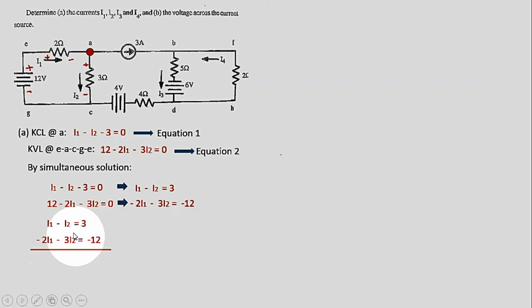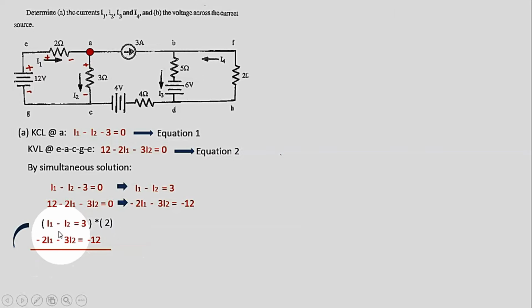To be able to have the simultaneous solution, we must have a constant value that is common to the variable in consideration. For instance, for I sub 1, I want it to have a common constant, so I will be multiplying this equation by 2.